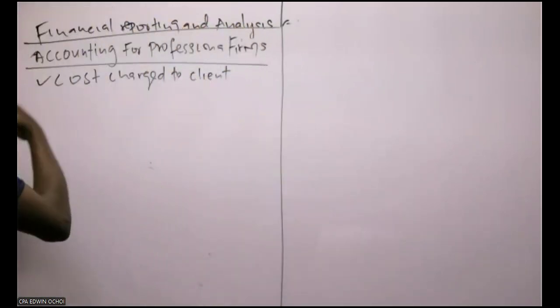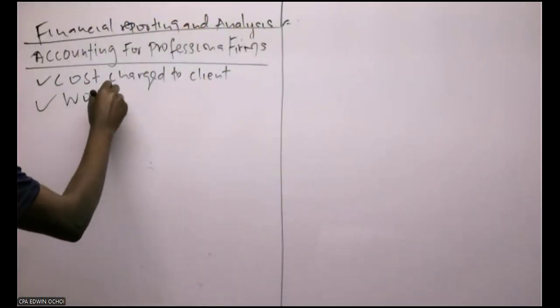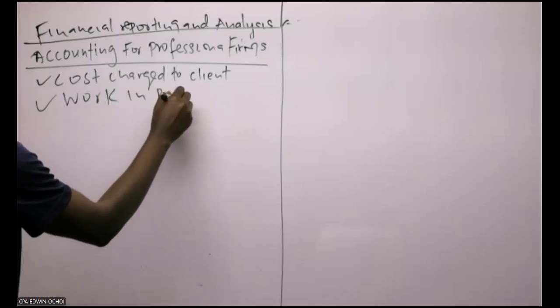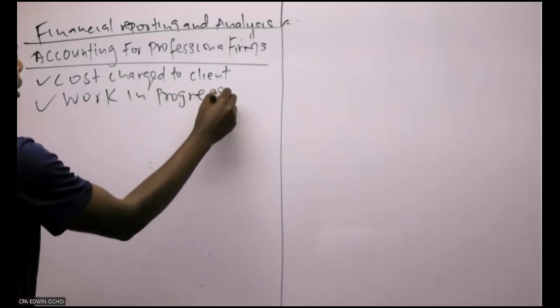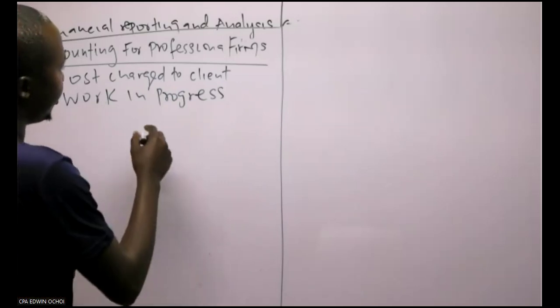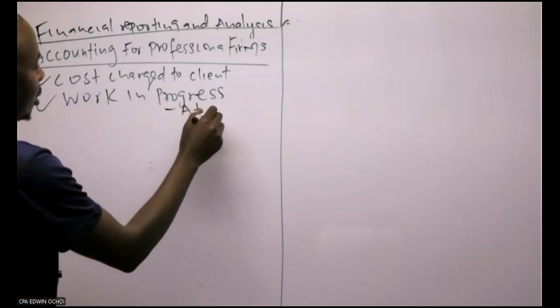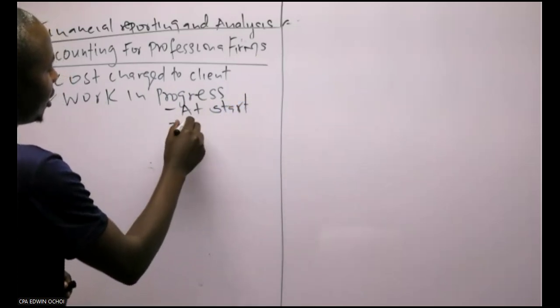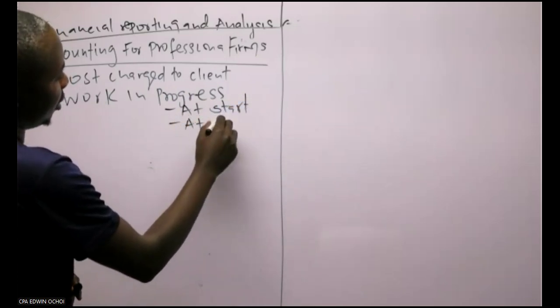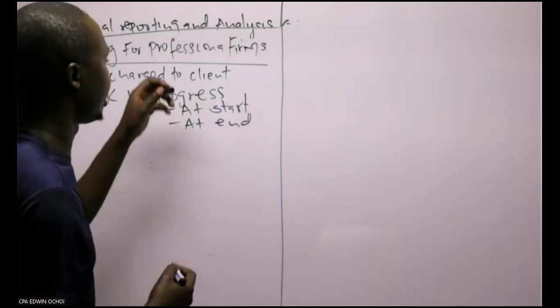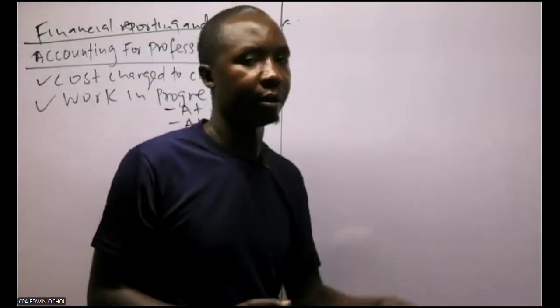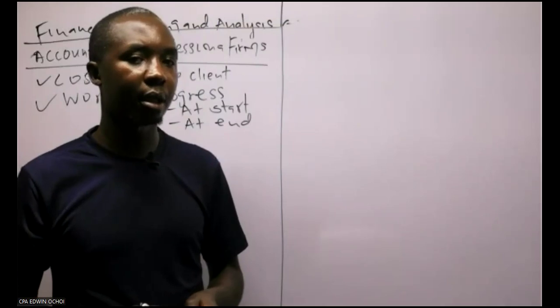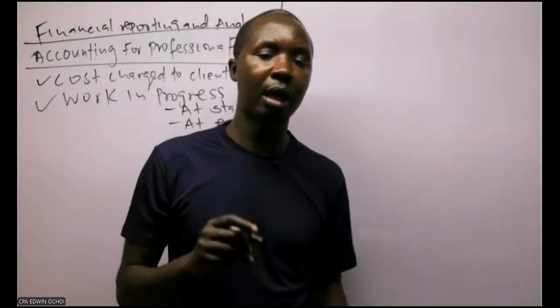Then we can talk about work in progress. Work in progress is the work not yet completed. It can be either at the start of the year or at the end of the year.